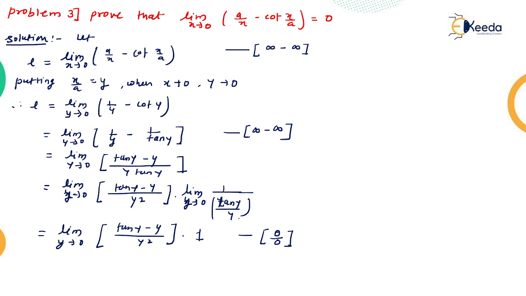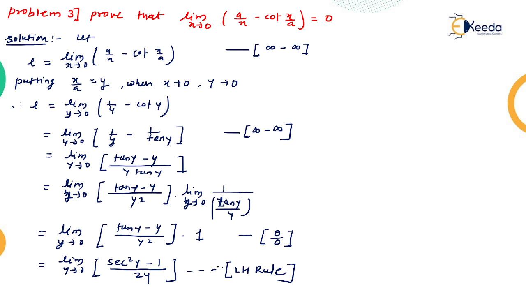Now the first takes 0 by 0 form, so again I am using L'Hospital rule. Limit as y tends to 0, inside the bracket, tan y derivative is sec square y minus y derivative 1, divided by y square derivative 2y. This step is by using L'Hospital rule.